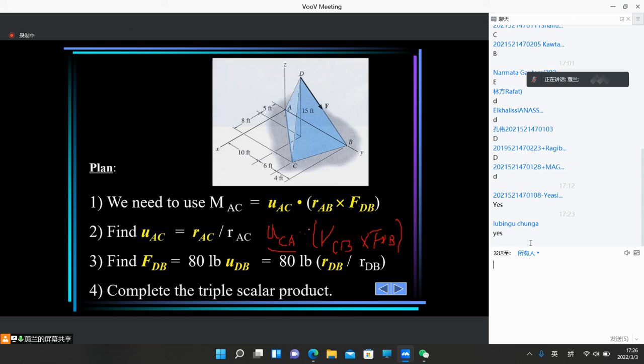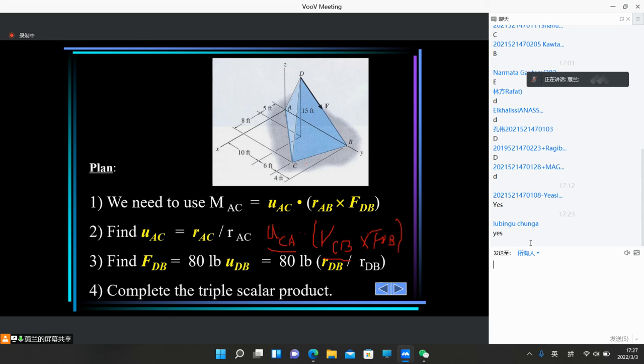Okay, so the first step, if we want to find a point, it can be A, it can be C. If I choose C, and then I want to calculate the moment of F about point C. Again, the position vector starts from C and the ending point can be B, can be D. So this one can be RCB or RCD cos FDB.